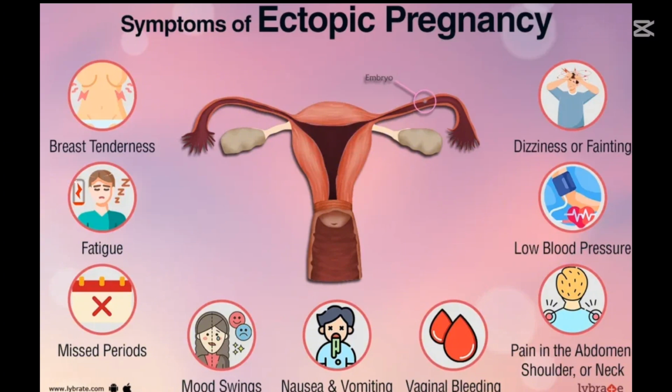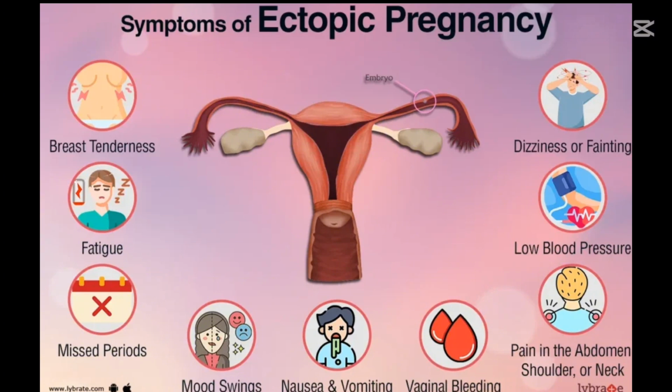The patient can also come in with shoulder pain, which is a sign of internal bleeding, irritating the diaphragm. They can also present with dizziness or fainting, which can suggest rupture and hemorrhagic shock. So those are just some of the signs and symptoms of an ectopic pregnancy.